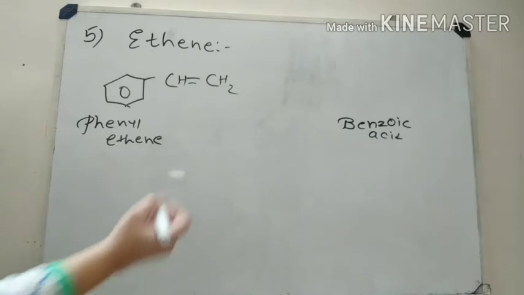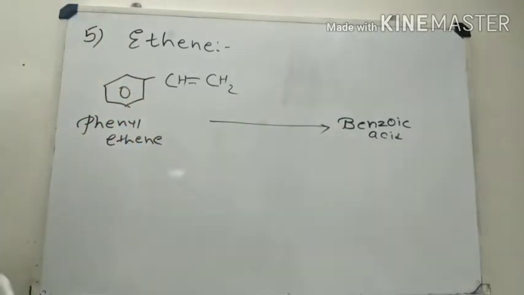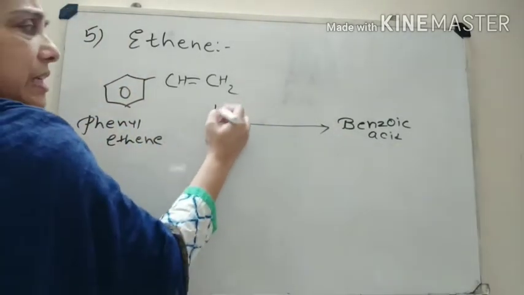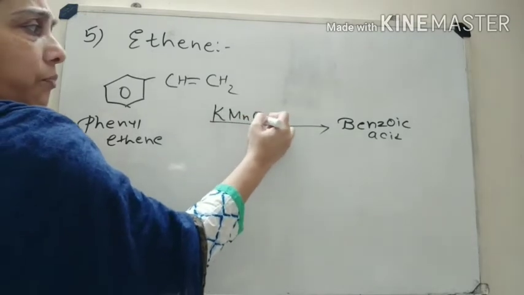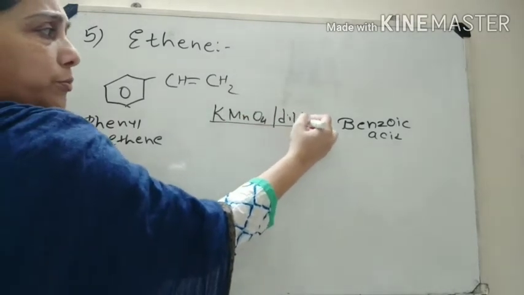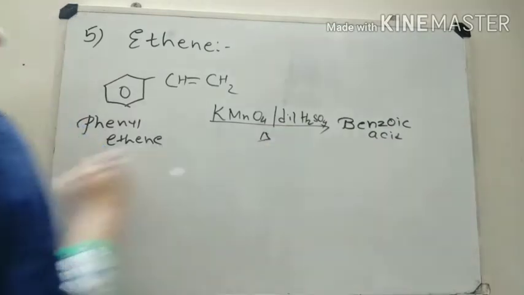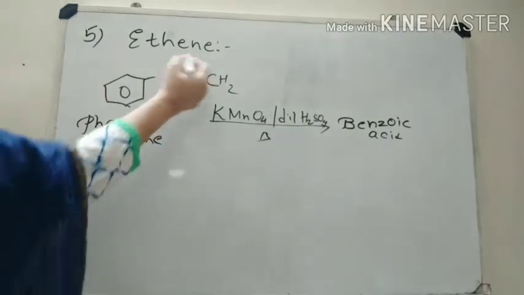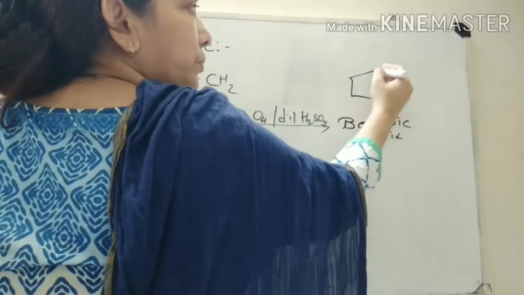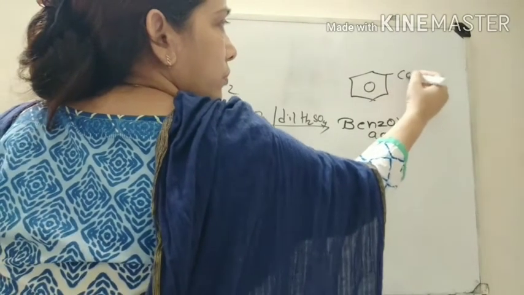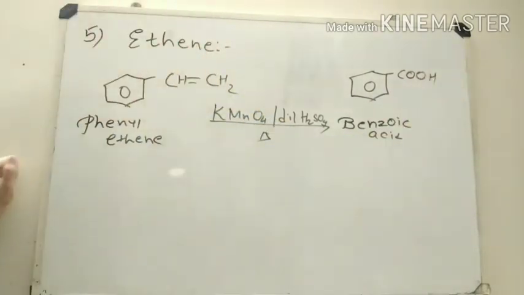This phenylethene undergoes oxidation in the presence of KMnO4 and dilute H2SO4. On heating, this group directly changes to the COOH group.